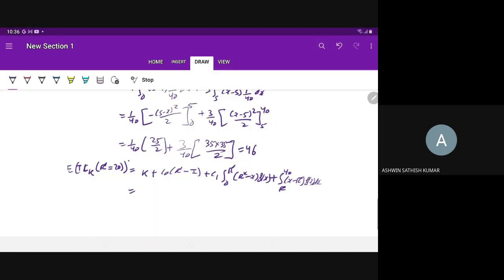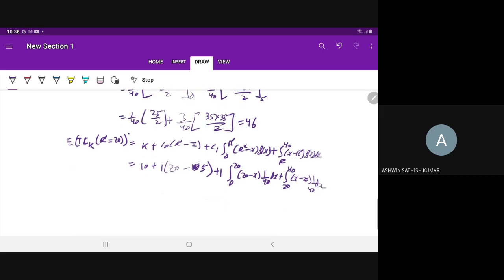K is equal to 10, C0 is given to you as 1, and R star is 20, so 20 minus 5, the initial inventory, plus C1 times the integral 0 to 20 of (20 minus x) 1 upon 40 dx, plus the integral 20 to 40 of (x minus 20) 1 upon 40 dx.